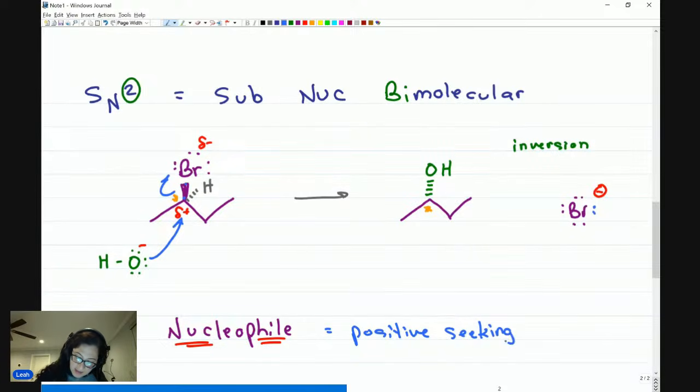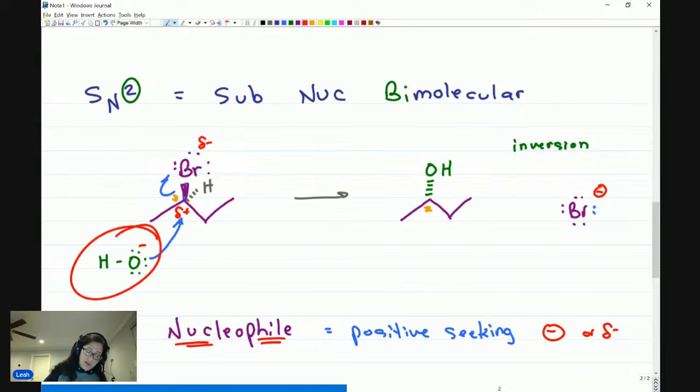And what kind of molecule is going to go out of its way to look for a positive? Something that is negative or partially negative. In this case, we see the OH minus. It is a full negative 1. And the negative is attacking. So we have the substitution, nucleophilic.